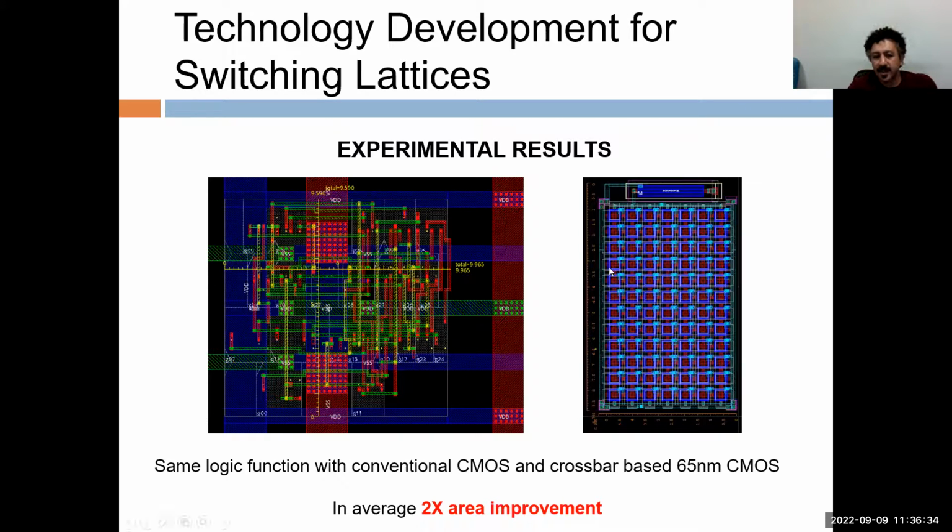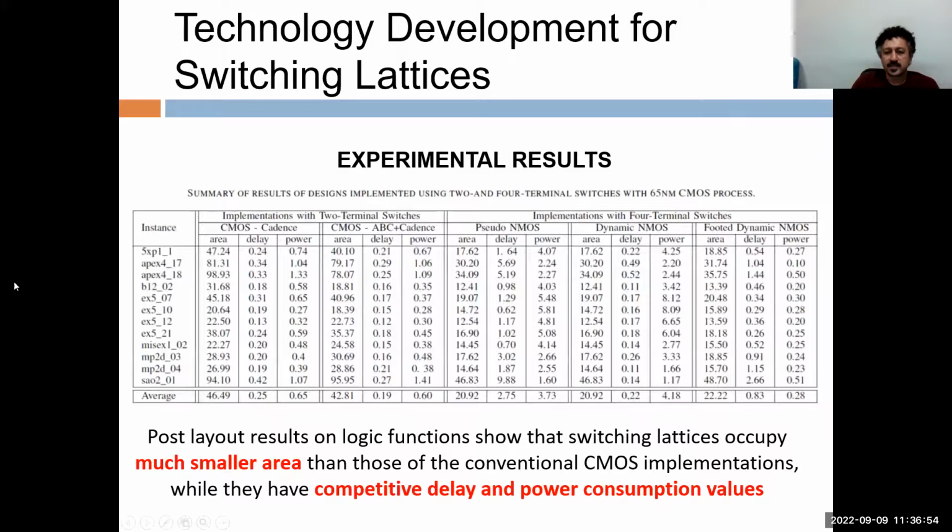Here are our layout pictures, 65 nanometer CMOS. Same logic function with conventional CMOS and crossbar-based 65 nanometer CMOS lattice. 2x array improvement. And these are real results from a commercial Cadence tool. These are the detailed results. So indeed, on average, our array is much smaller, 2x. Delay is comparable and power is smaller.